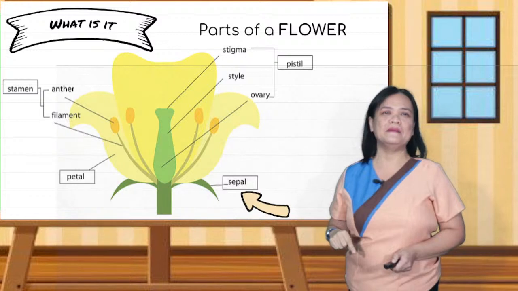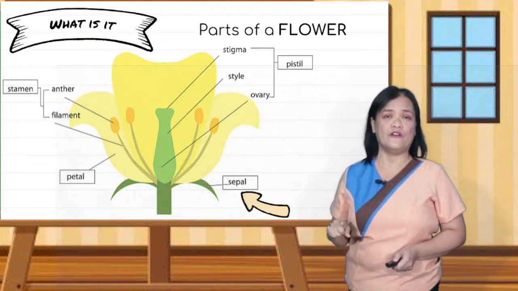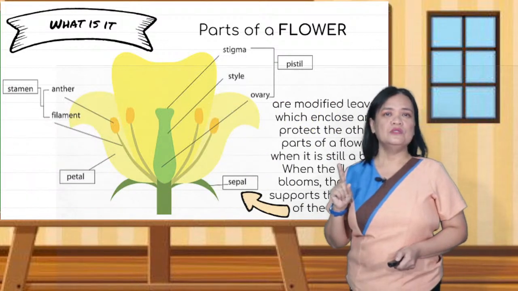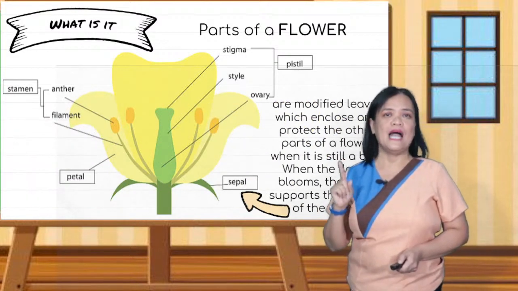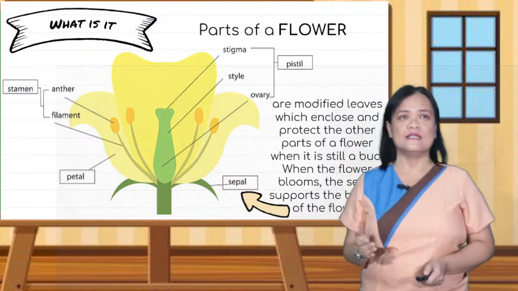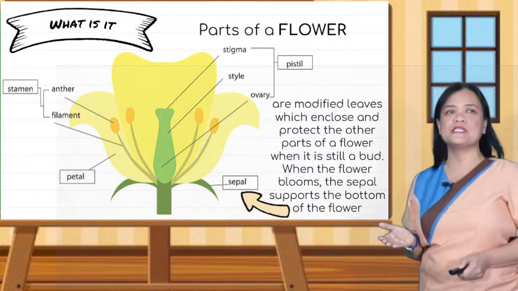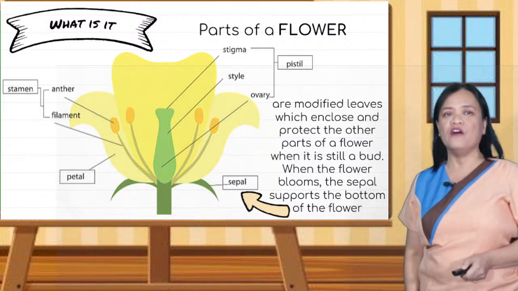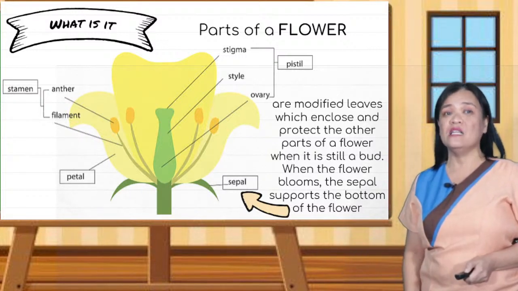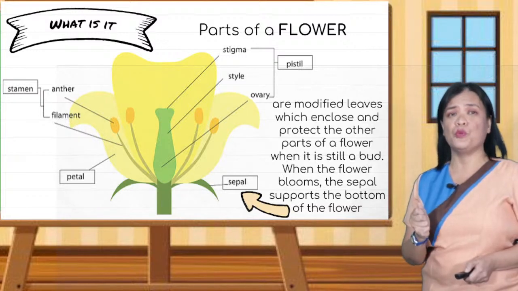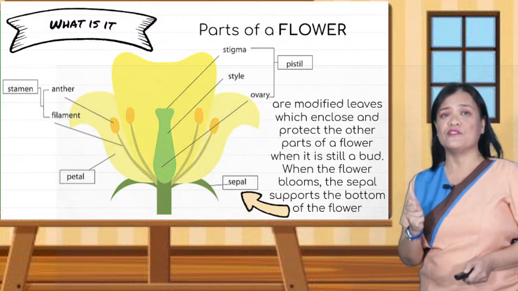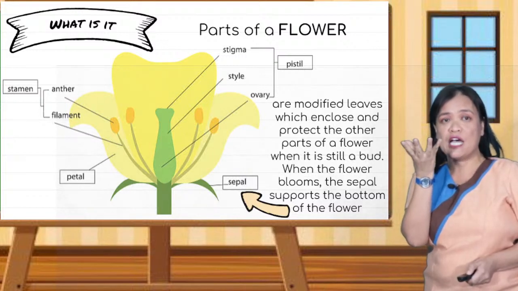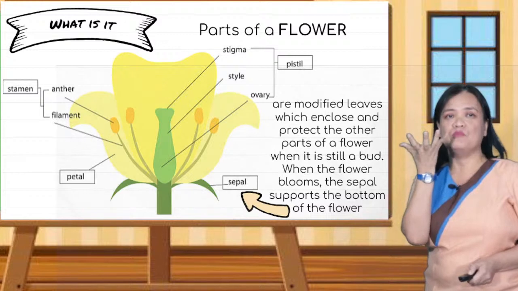So we go back again. This time, another accessory part of a flower, the sepal. The sepals are modified leaves which enclose and protect the other parts of a flower when it is still a bud. It protects the flower while it has not yet bloomed or opened.